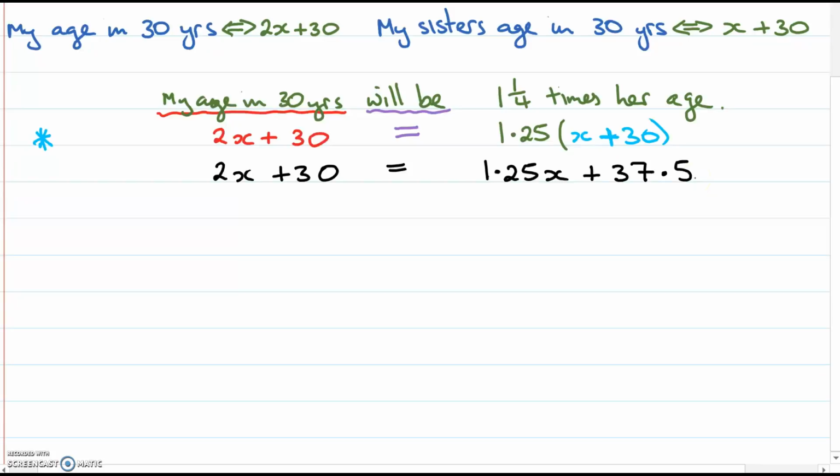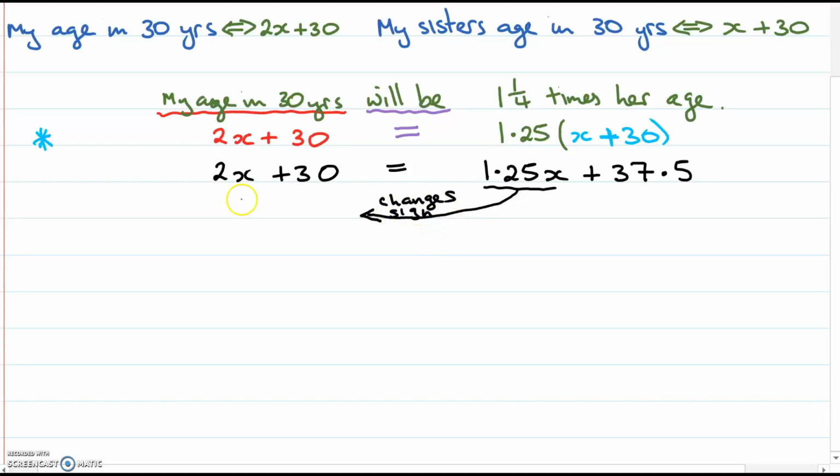Okay, now we want to do a little bit more here. We want to isolate the x's. So let's take this 1.25x and move it that way. And of course, anything that changes its position, changes its place relative to the equal sign, also changes sign.